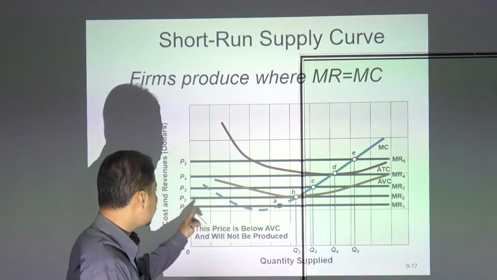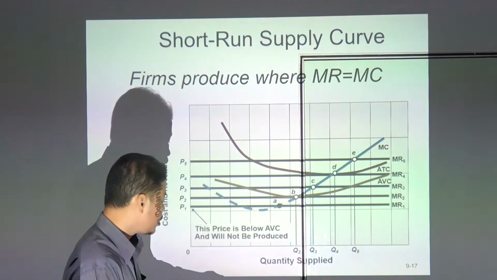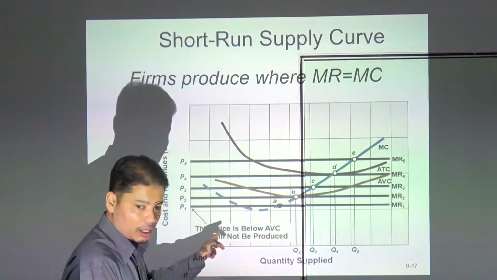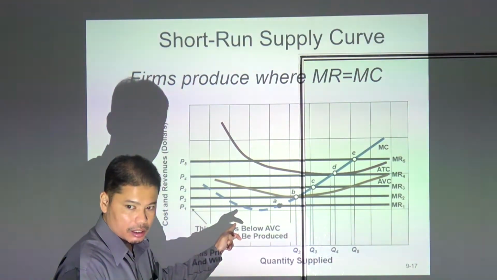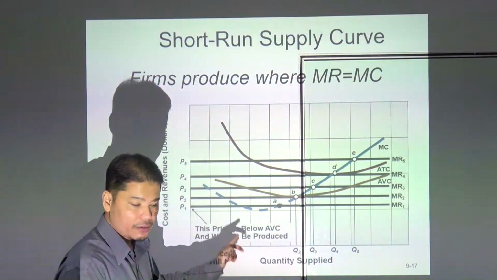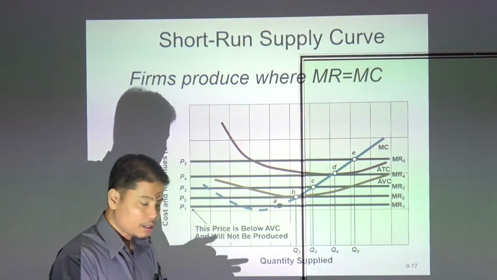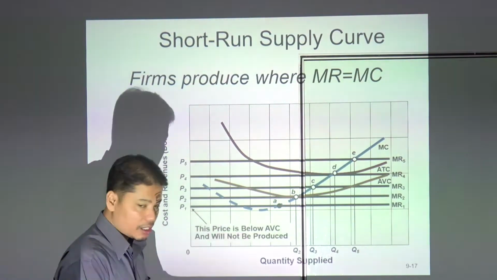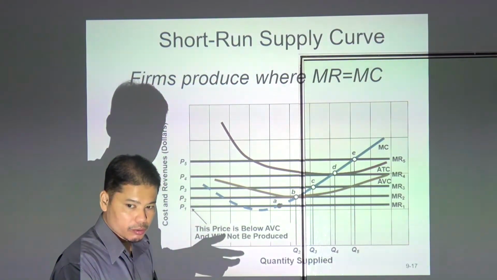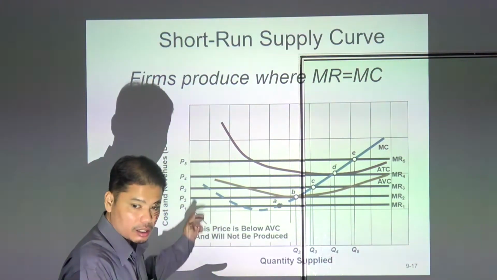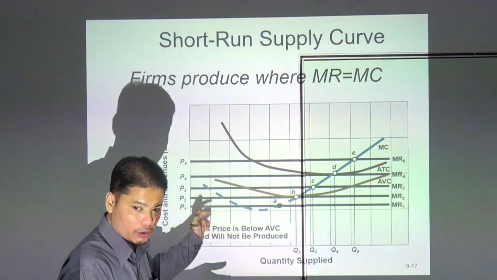So A is not a point along the supply curve. Should we produce Q2 at P2? This depends. I would assume that if the firm is already in operation and the price drops to P2, they will continue to produce as well, hoping that the price will go up.